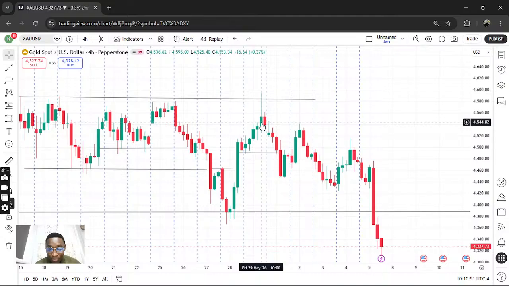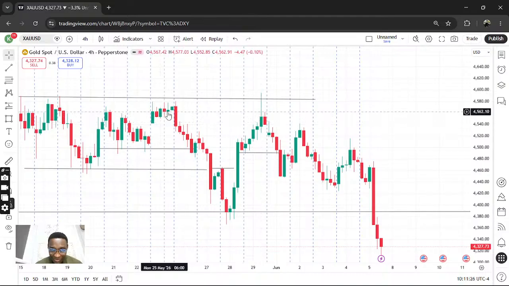Okay, then it closed within this particular order block, because all these candles that are seen here formed this order block, formed another block here. So it closed within it, and then it pushed down up to this point. Okay, then returned up. Now this is where you need to take note.